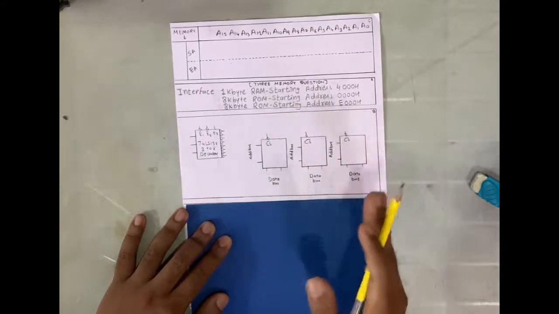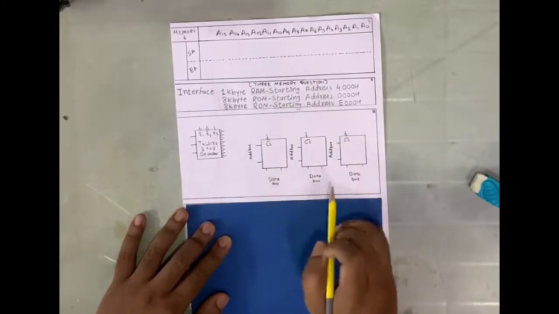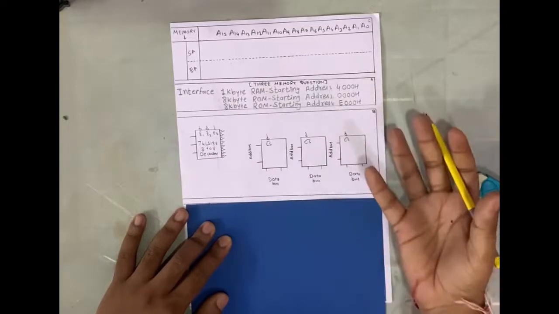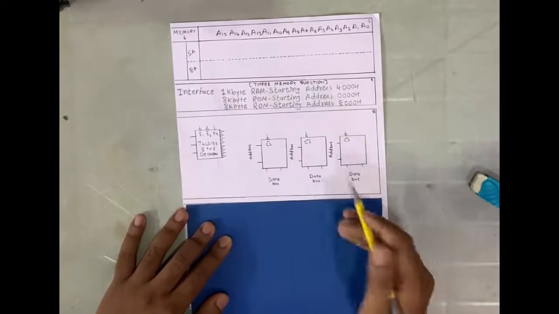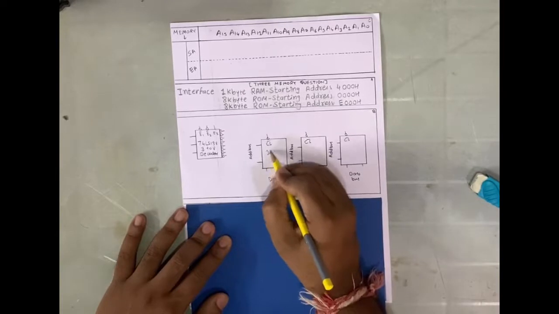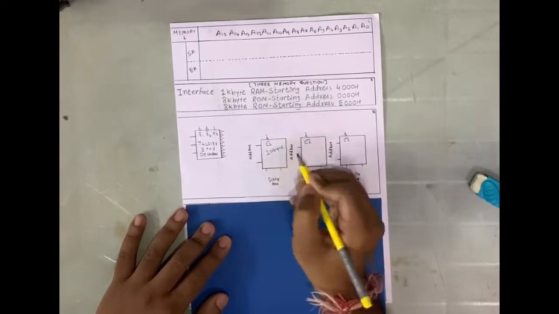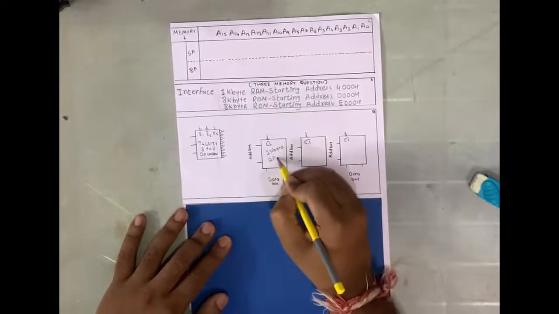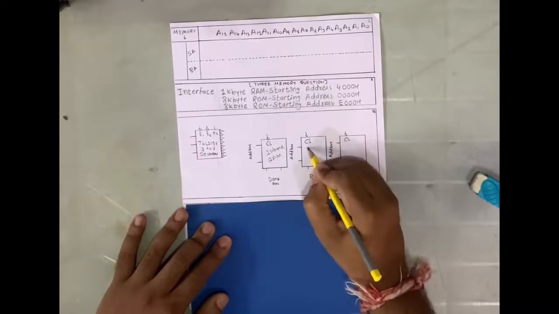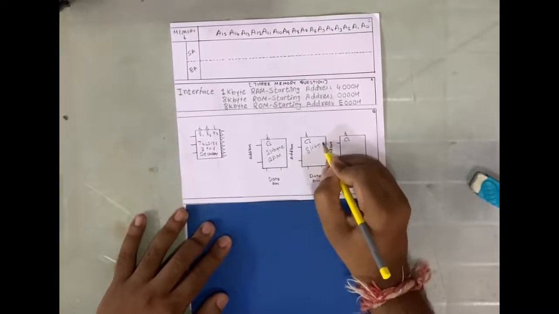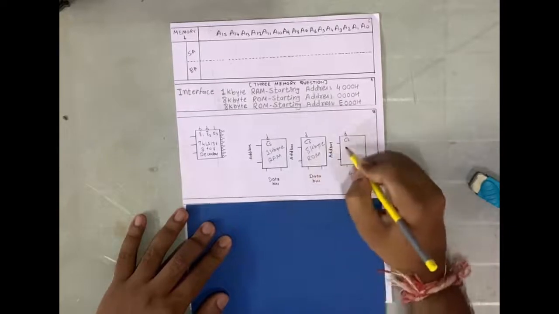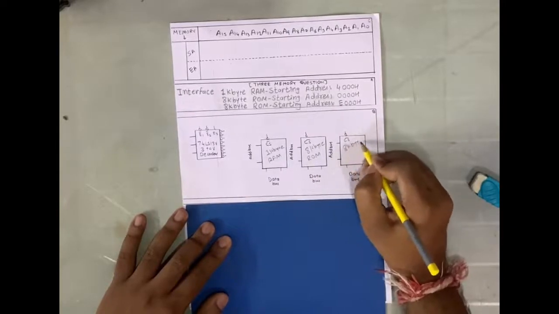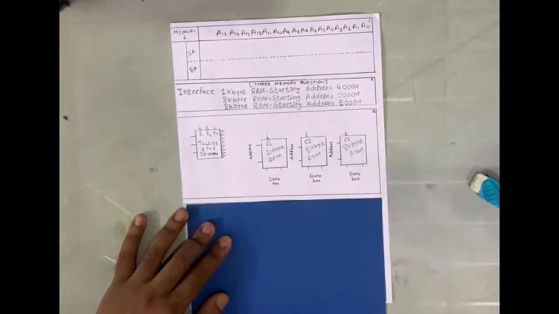Now depending on whether the memory is RAM or ROM, some extra control signals are needed. Suppose this memory is 1K byte RAM. Suppose this memory is 8K byte ROM, and it is 8K byte ROM.